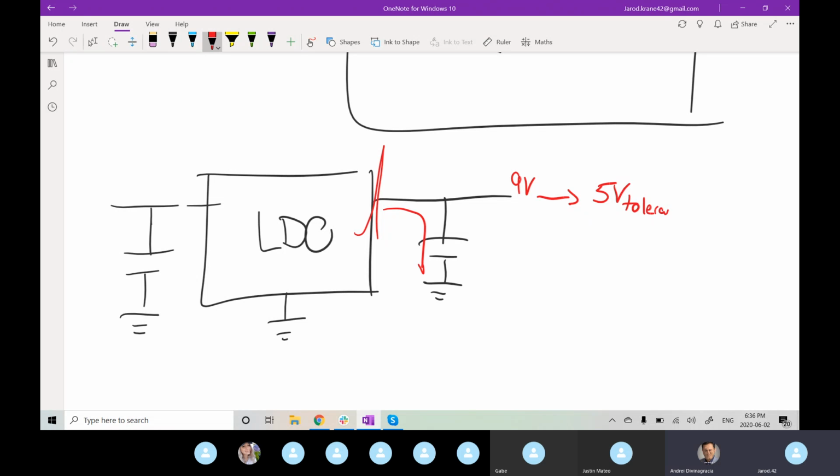Yeah, that's what I was worried about. Like, what if the devices are just rated at 5 volts? I see. Are those internal resistors or external? Like we have to put them on it. The caps? The caps. They're external.